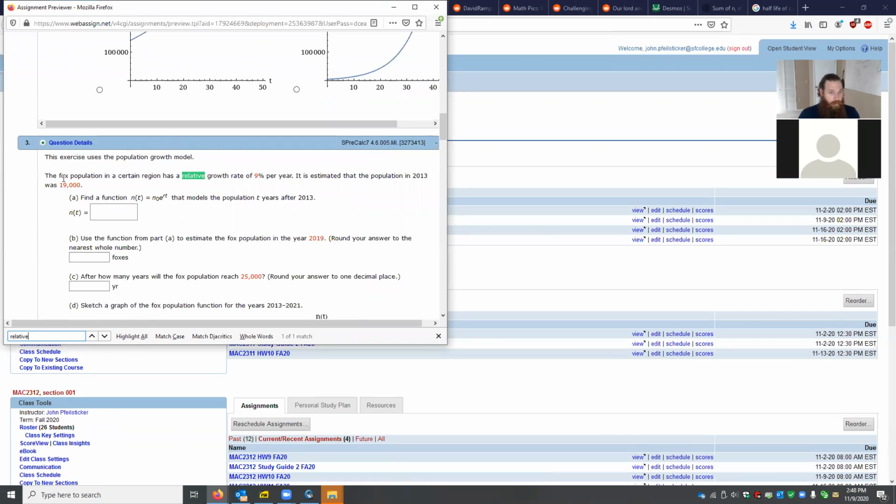All right. So here we're told that the population of foxes in a certain region has a relative growth rate of 9%. And the population in 2013 was 19,000. We want to find a function that tells me how many foxes there are t years later. So I'll write these basic facts down and then switch back to the cam.